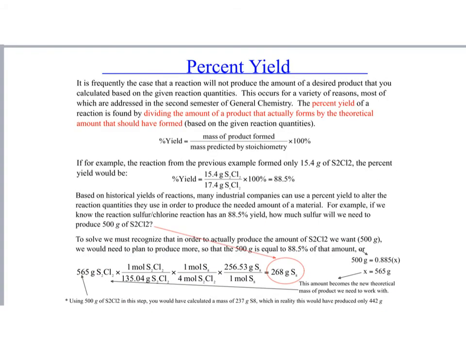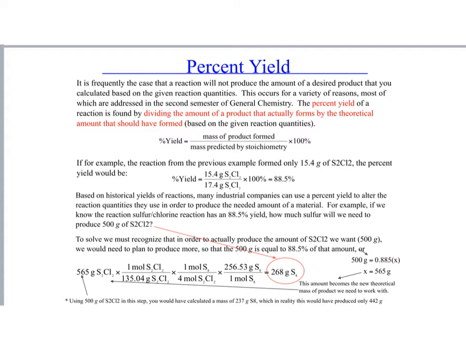Okay, so the next step in this process now is to look at percent yield. So percent yield is actually, you have to be given the amount, right, that was produced in some way. And so in this case, we're saying, look, what if we only produced or formed 15.4 grams of that S2Cl2 from that previous reaction, that previous page where we found the limiting reactant.